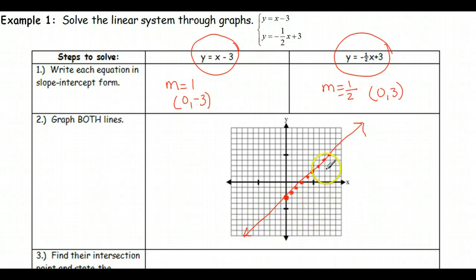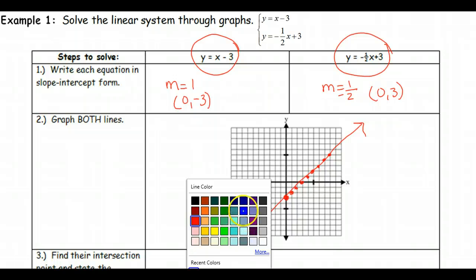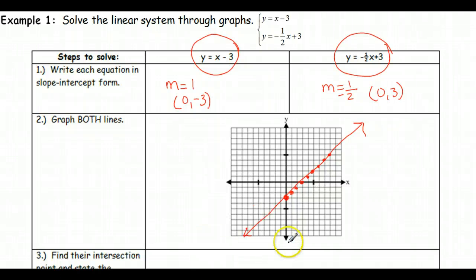Now we have to draw the second equation. So I'll go ahead and do it in a different color. So the ordered pair for our y-intercept is 0, 3, which is here. And we have a slope of negative 1/2, which is down 1, right 2, down 1, right 2, down 1, right 2.